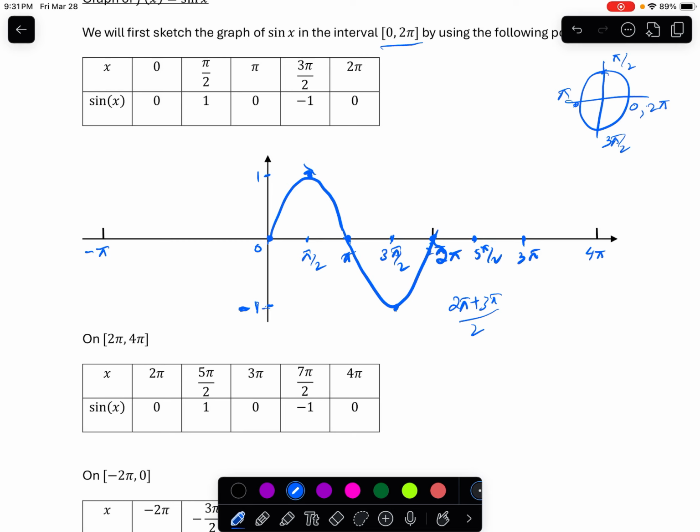The midpoint between 3 pi and 4 pi will be 3 pi plus 4 pi over 2. That is the midpoint formula: if you want to find the midpoint between A and B, the value of the midpoint will be A plus B over 2. So we get 7 pi over 2.